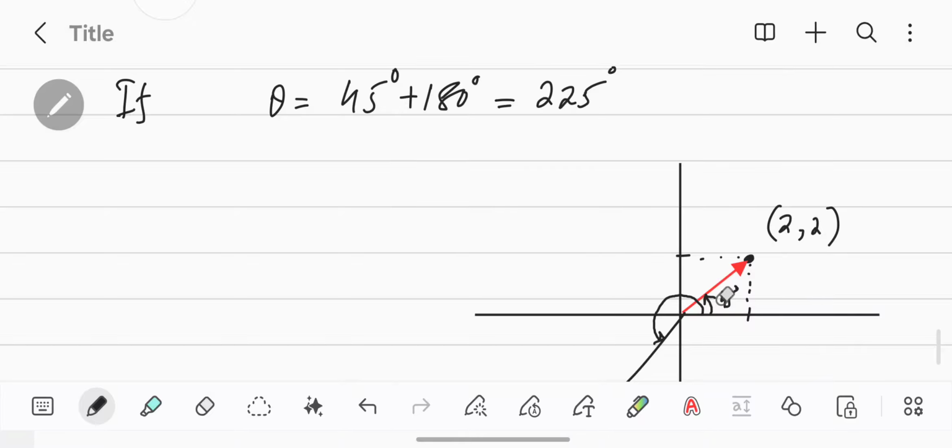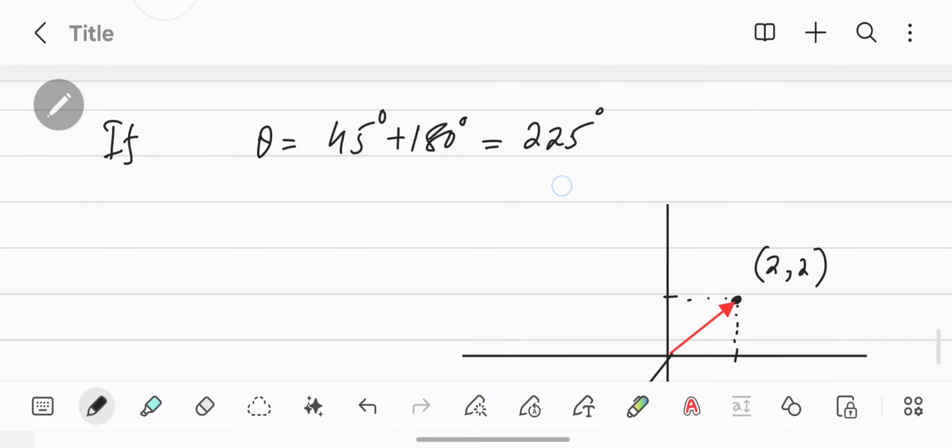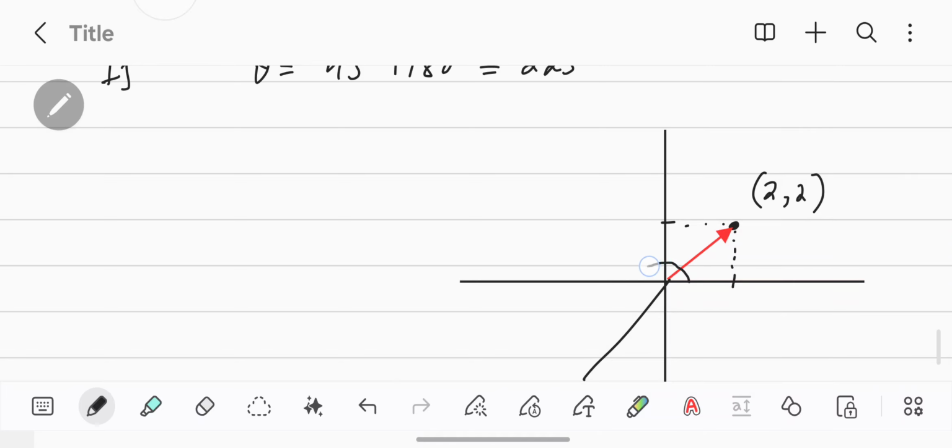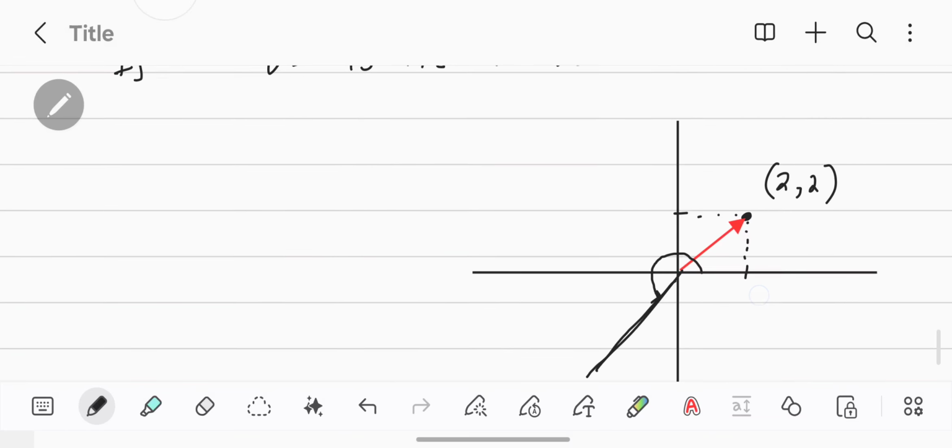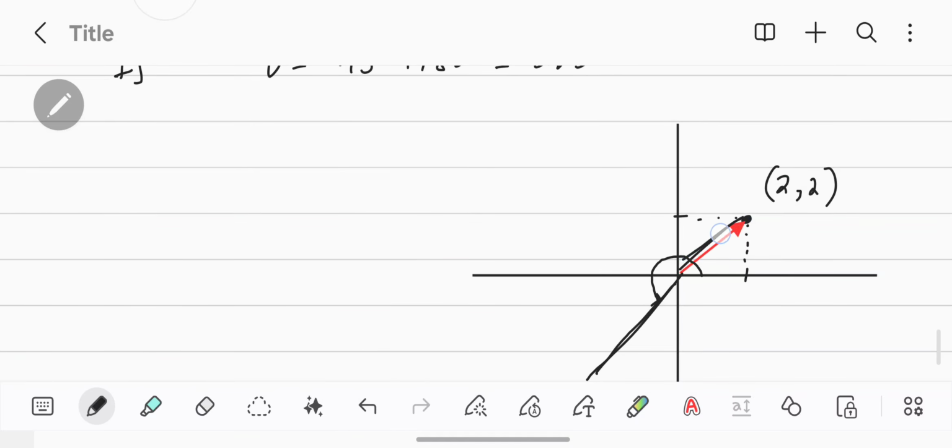Okay, if you just rotate this x-axis by 45, you will go to this point. Otherwise, if you rotate it by 225, you will go from here and here. But on this line, you cannot find this point, because this point is on this line, which comes after rotation of only 45 degrees angle.